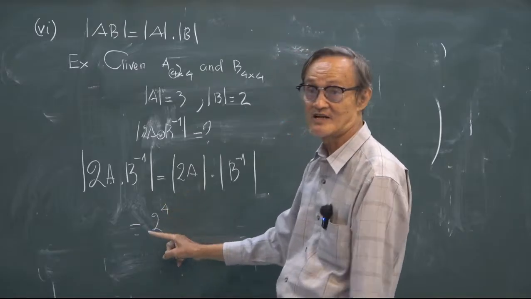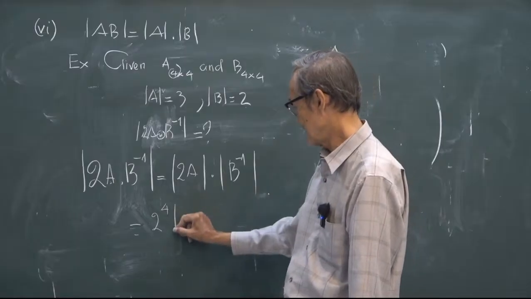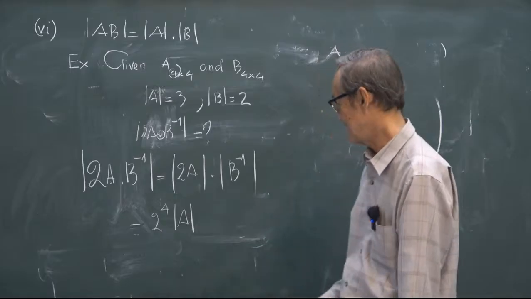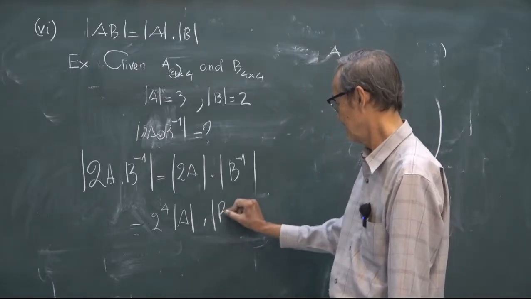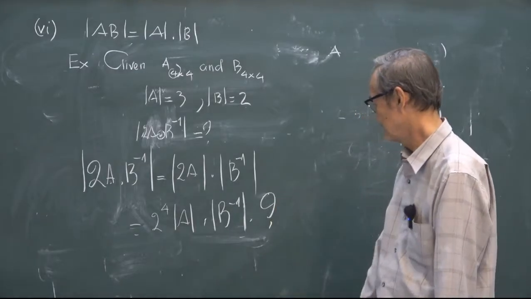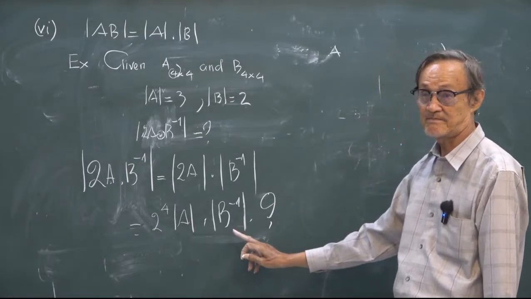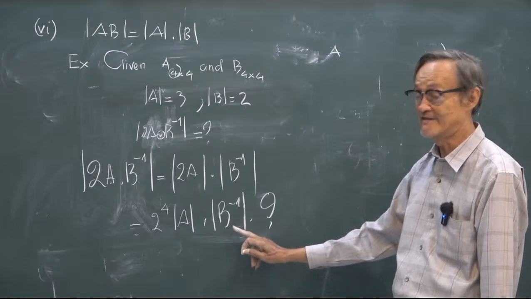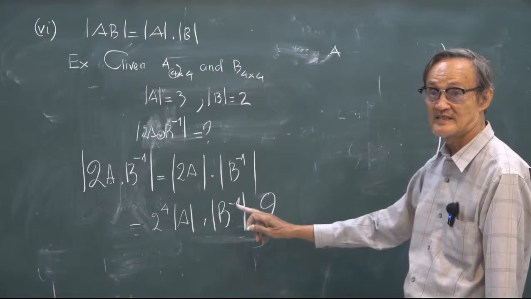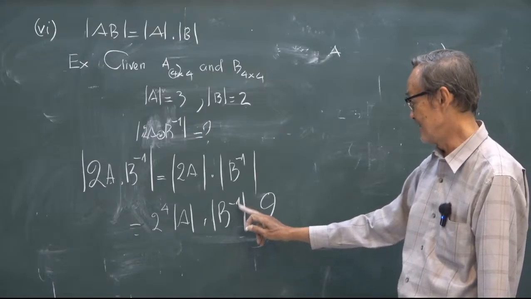We have 2 to the 4, and it comes to the determinant of A. Now, we have the determinant of the inverse. We start with the definition of inverse.